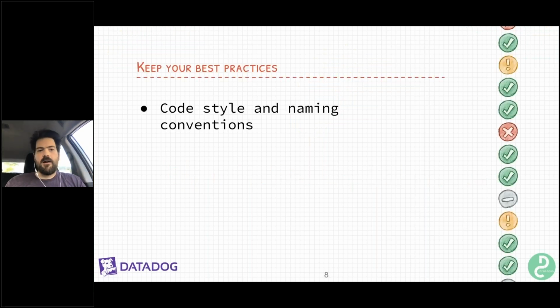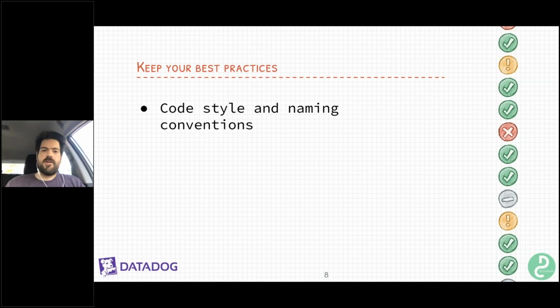So for instance, usually when you're in a team, when you have a project, you're going to have a code style and naming conventions. Well, make sure that you spend some time to also define what the code style, what the code conventions should be for the tests. For instance, in our repository at Datadog, we do have a huge part on how we should write tests and how we should think about testing.